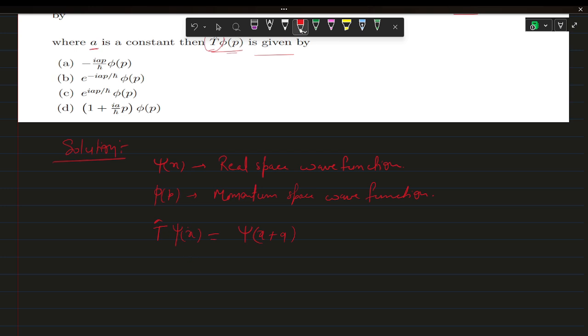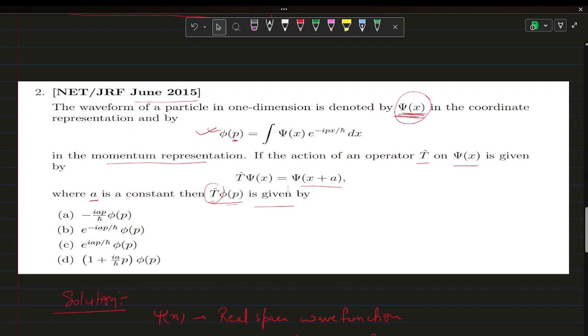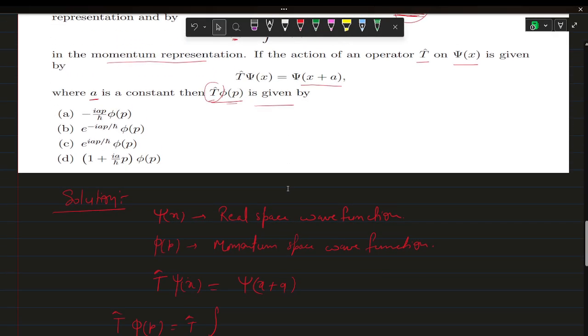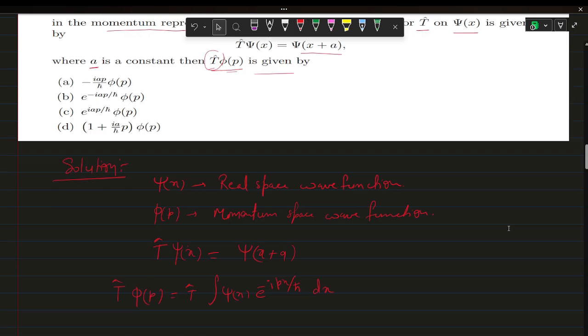So now what happens if we operate T̂ on φ(p)? We can write it as T̂ of the integration of ψ(x) e to the power minus ipx upon ħ dx.